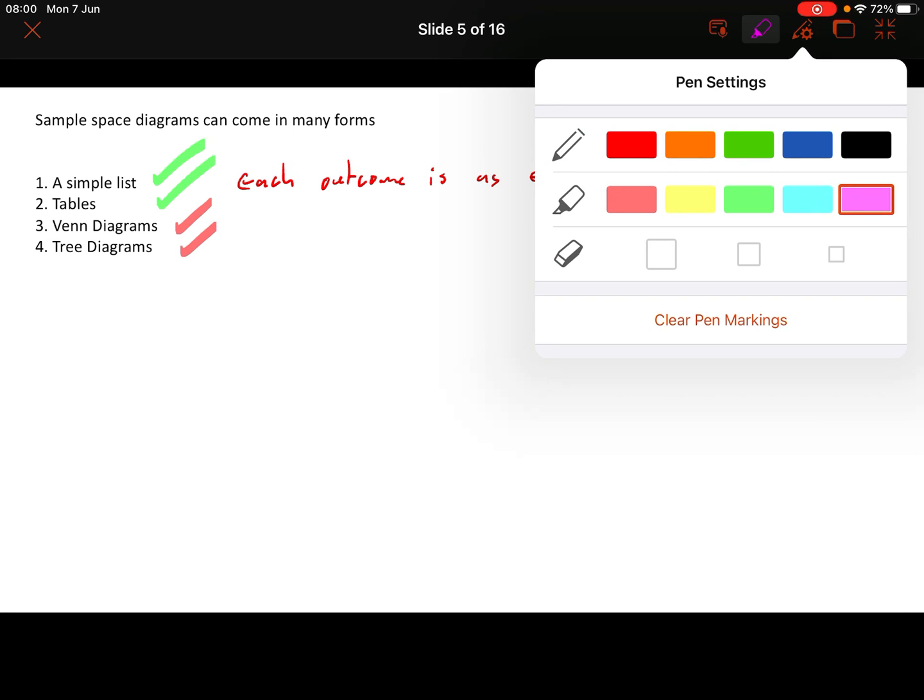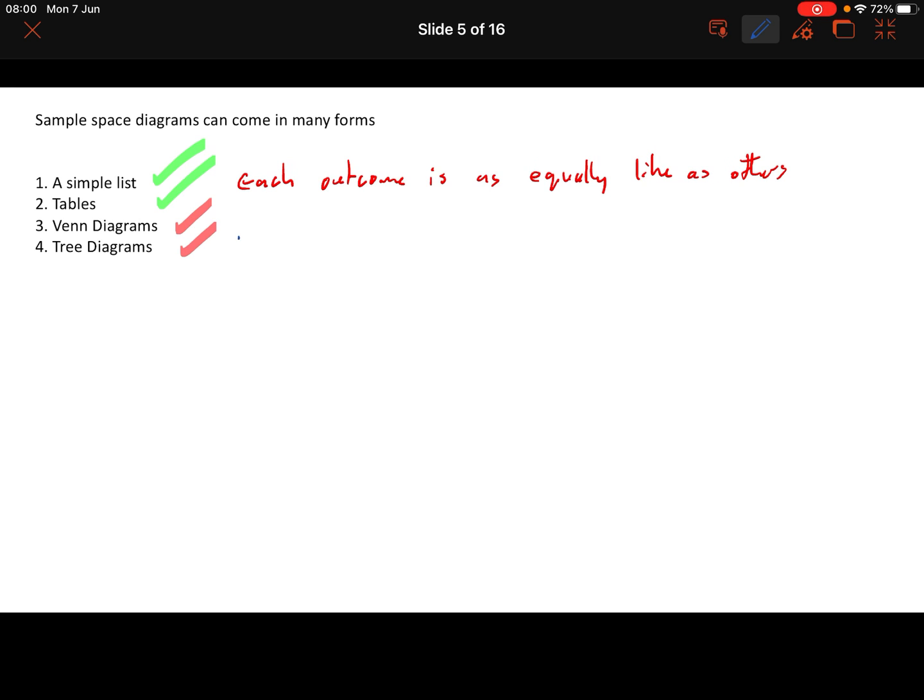So here it's not necessary for each outcome to be as likely as the other. That's the same for a Venn diagram and a tree diagram. So they're more flexible, more useful for different types of situations.